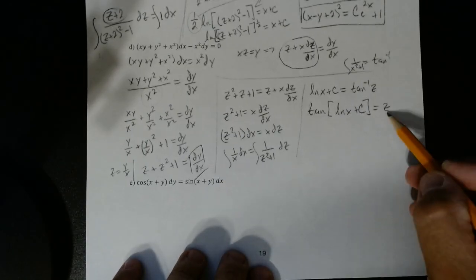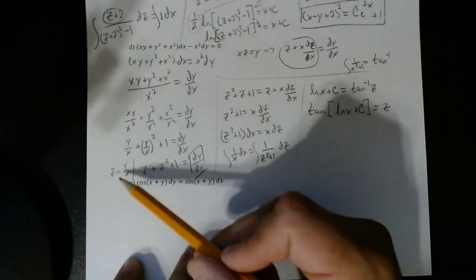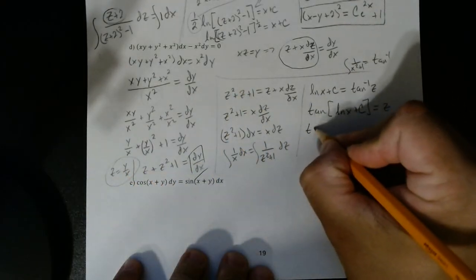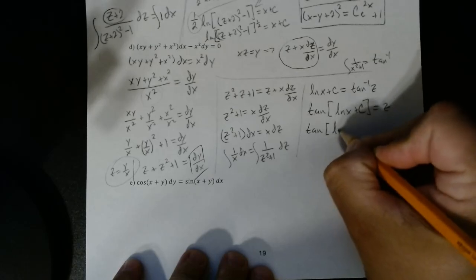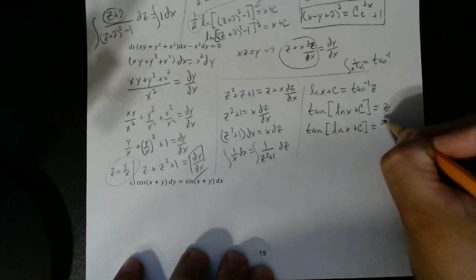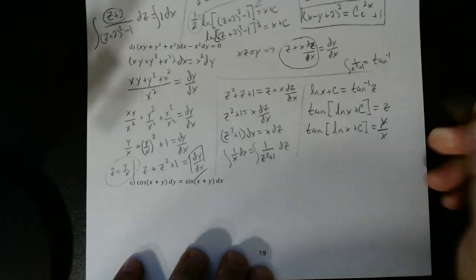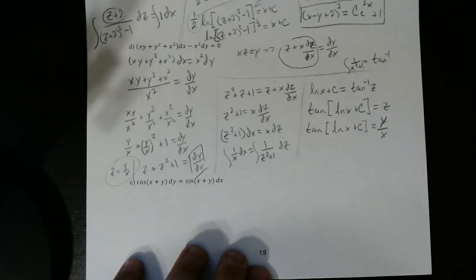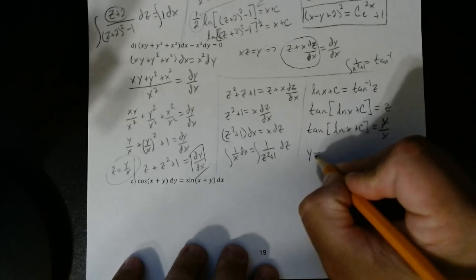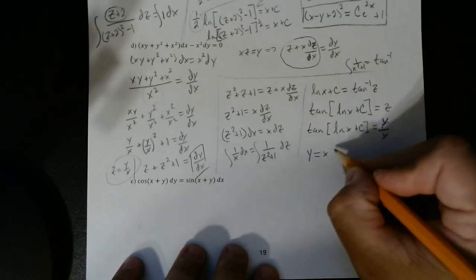And then finally I just replace z with what originally was y over x. And this one's not that bad to solve for y. We just multiply over the x, and we are done.